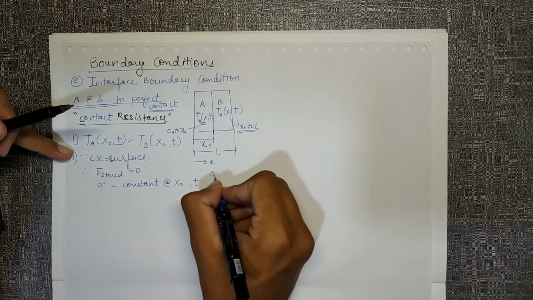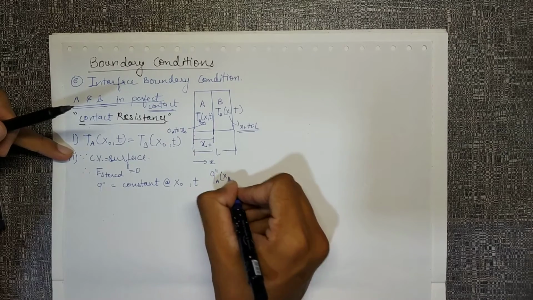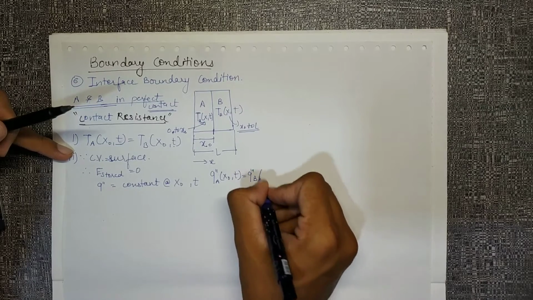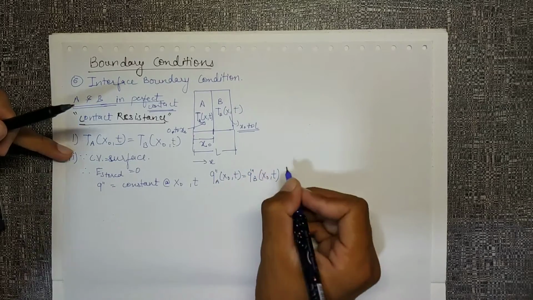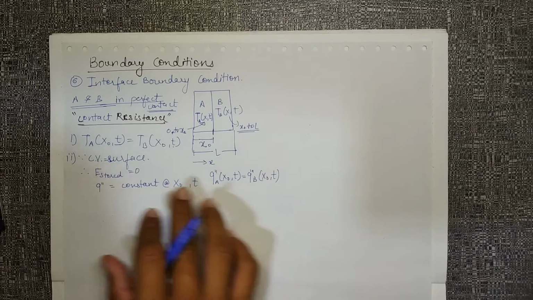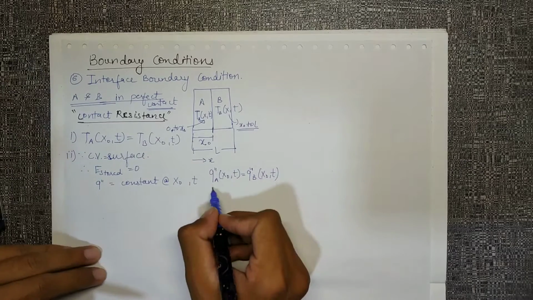What does that mean is Q double dash for A at location x naught comma t equal to Q double dash for B at x naught comma t. Okay, so that's what I have said earlier. The temperature and heat flux will remain equal. And what does that mean?